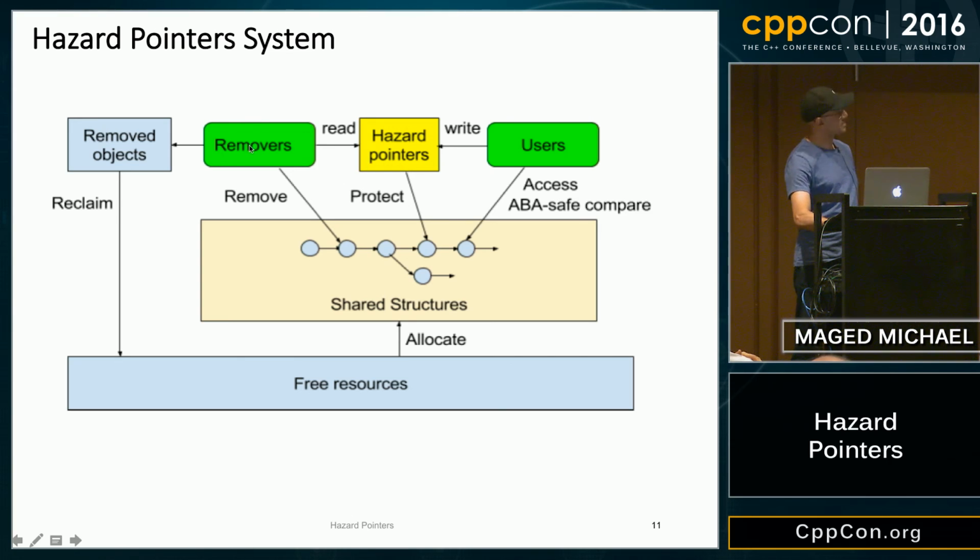The removers have to read the hazard pointers and decide when it is safe to reclaim these removed objects, to make them free for reuse and reallocation, or return to the operating system, or reclamation of resource. So this is the system view of hazard pointers.